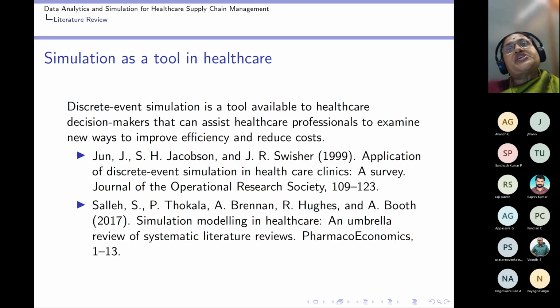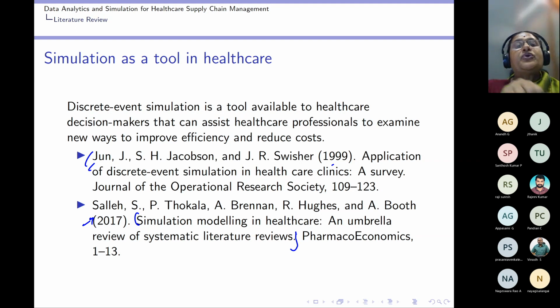When you look at simulation as a tool in healthcare, this paper by Jun et al. in the Journal of OR Society in 1999 surveys the application of discrete event simulation models in healthcare clinics. A more recent paper by Saleh et al. gives you a systematic review; in fact, it is a meta review of simulation modeling in healthcare.